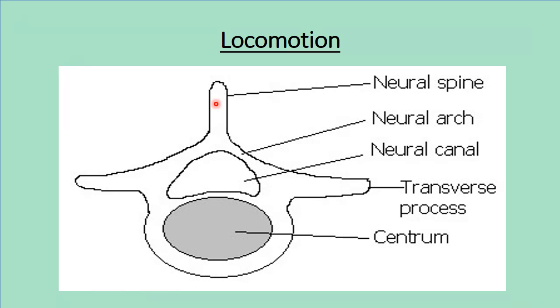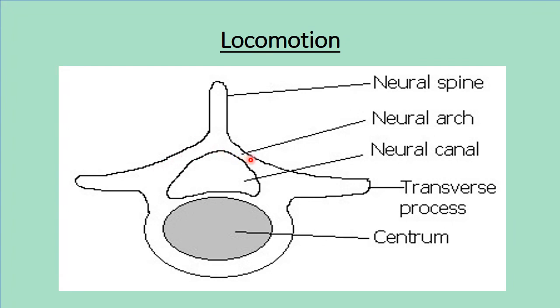So muscles and ligaments attach themselves to this neurospine. After the neurospine, the next part is called the neural arc. The job of the neural arc is to protect the spinal cord. The spinal cord, remember, is part of the central nervous system.